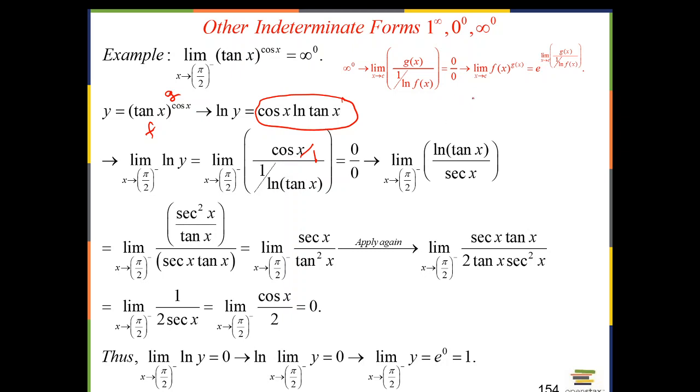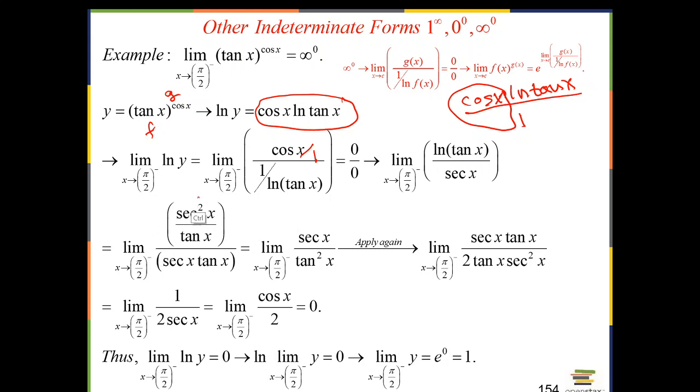So basically, let me see. So you get cosine x times ln tangent x, right, over 1. And instead of cosine, we could just write 1 over what? 1 over secant. And we get this, right? All right, now we could take the derivative. So what's the derivative of ln something?